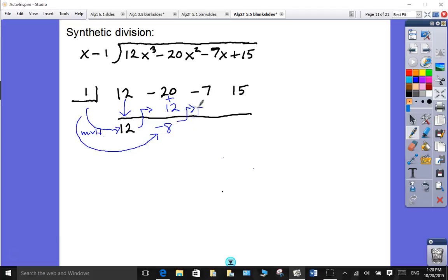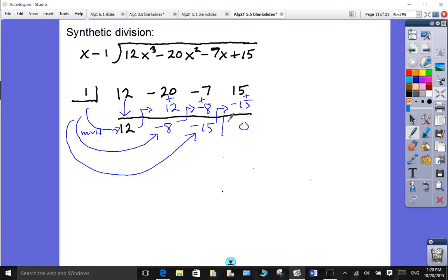Put the result there. Add. Negative 7 plus negative 8 is negative 15. One more time. 1 times negative 15 is negative 15. Put the result there. Add. And you get 0.